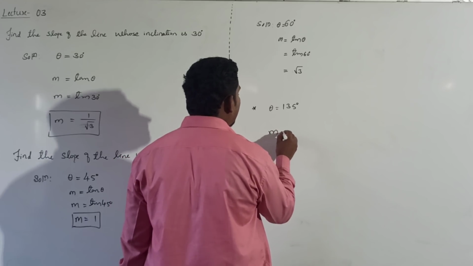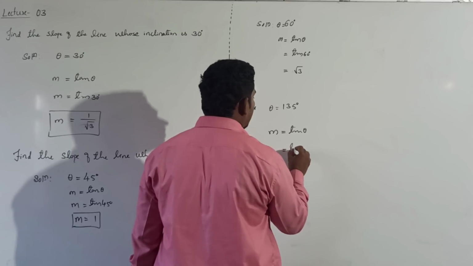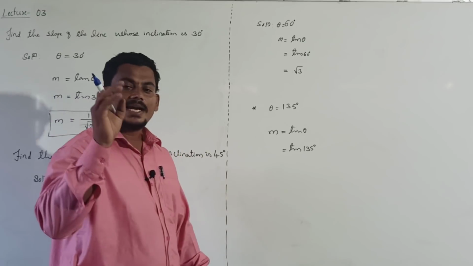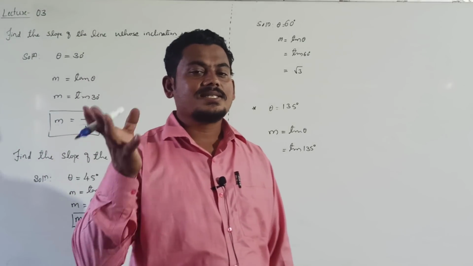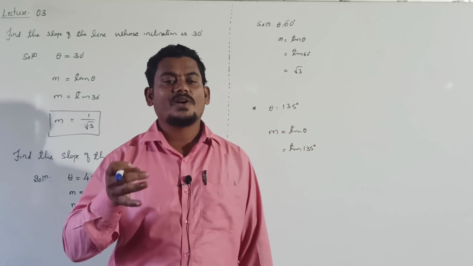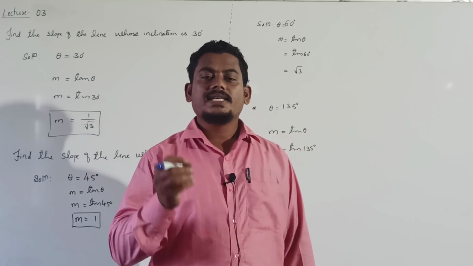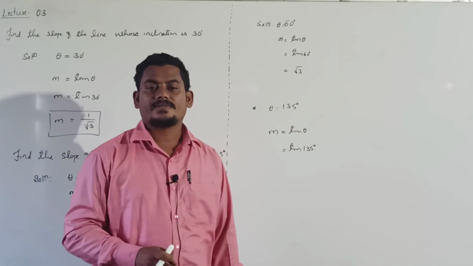Then slope small m is equal to tan theta, it is formula, that's equal to tan 135, and already you know 135 is not a standard angle. What are the standard angles? 0 degree is a standard angle, 30 degree is standard angle, 45 standard angle, 60 standard angle and 90. These are standard angles. Other than these angles are not standard angles.